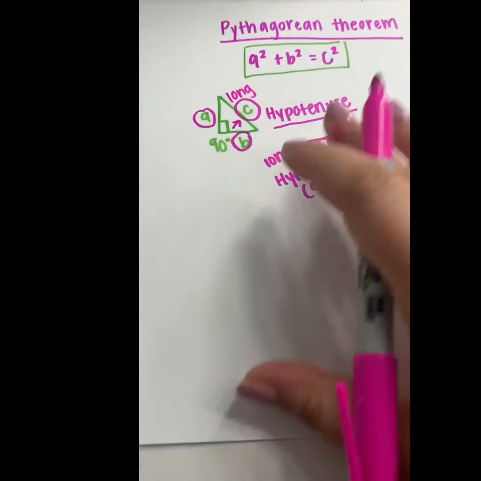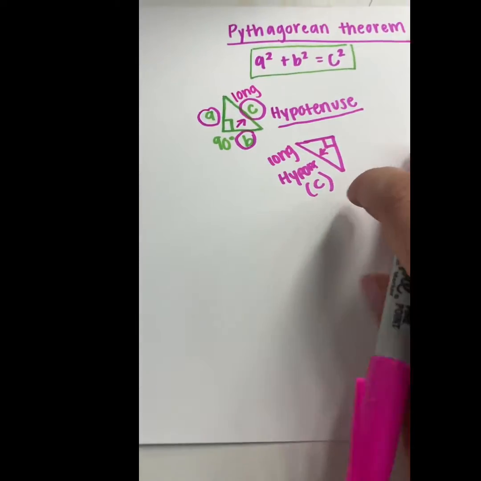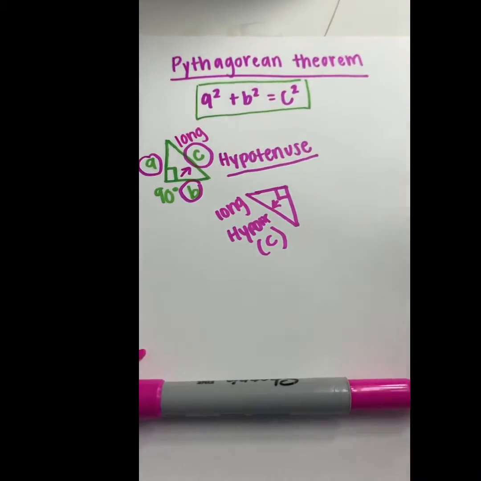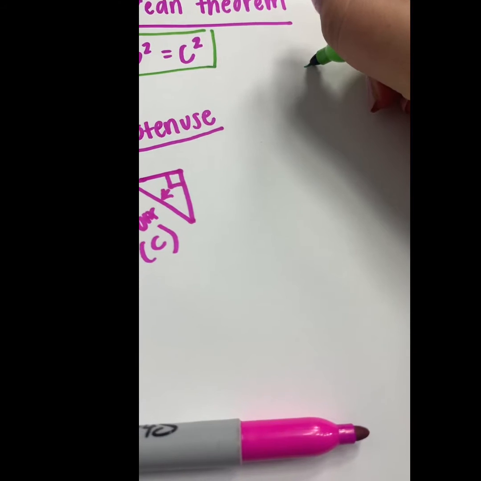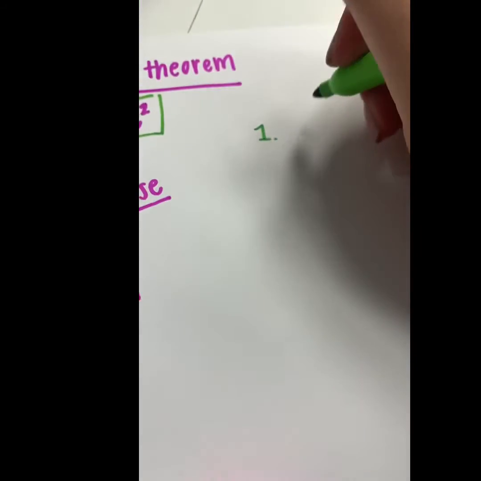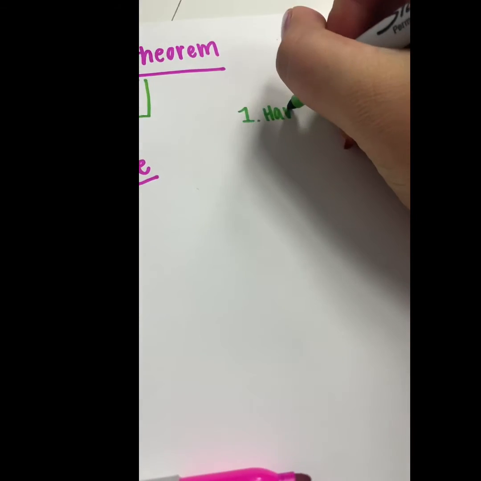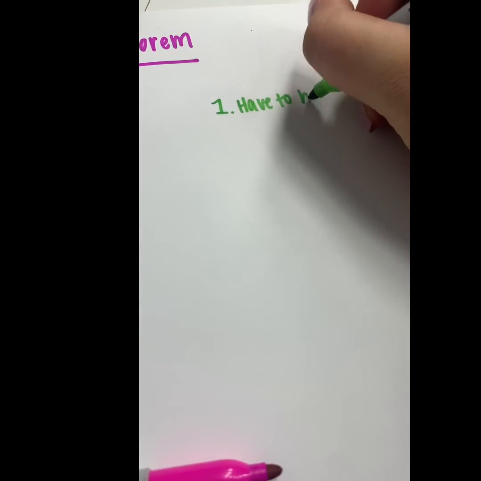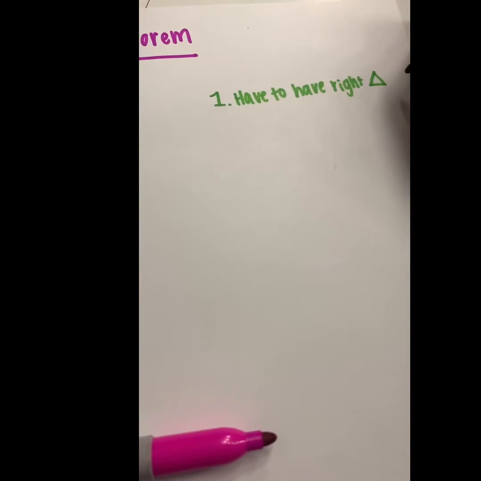Okay, so now that we know the basics, let's get into our steps. So, step one. In order to use this, you have to have a right triangle. Okay.